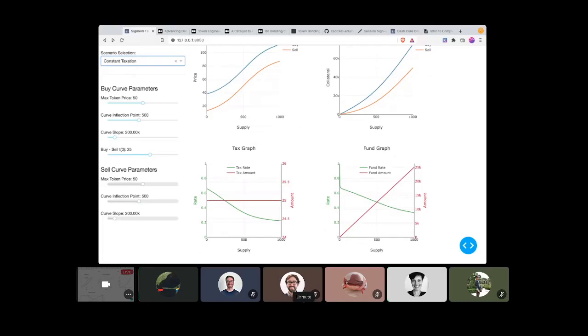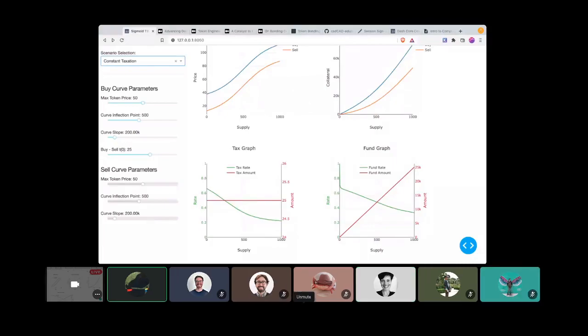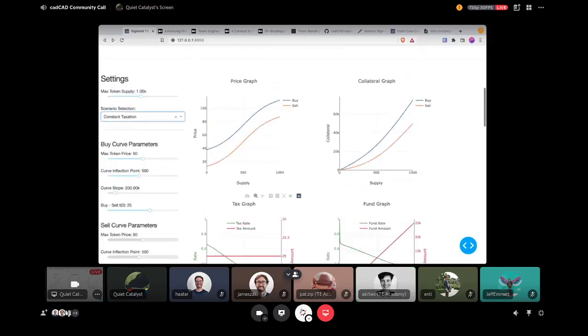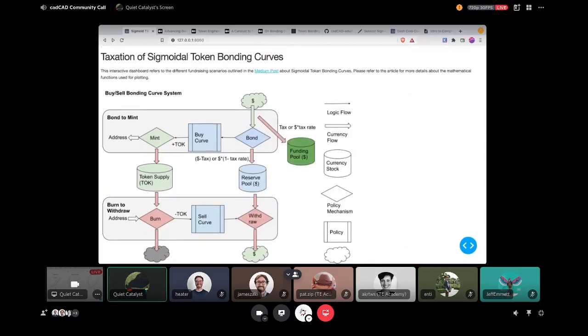Okay. Well, I guess I think of it in terms of if I were going to pay in dollars, for example, for whatever this token is, then this amount of my dollars would go into tax. Yeah. $25 goes to tax, right? And then whatever's left over goes into the reserve pool. So the tax goes to this dark green. Yeah.